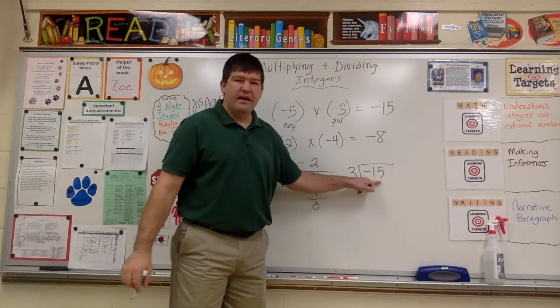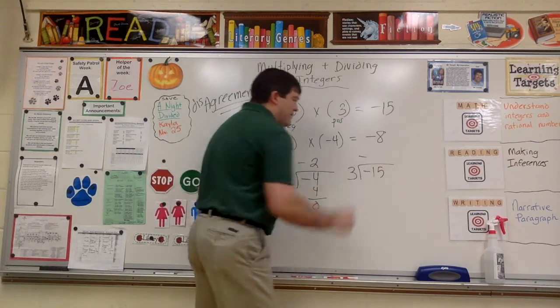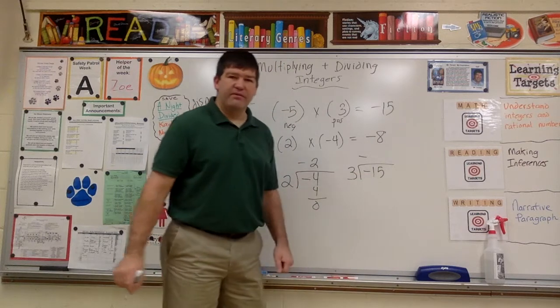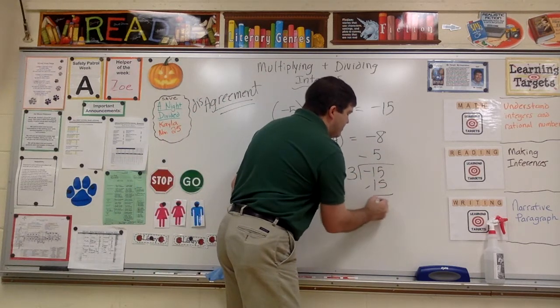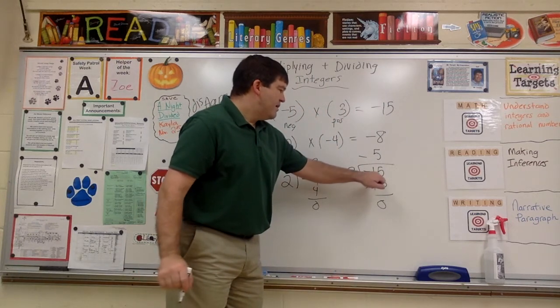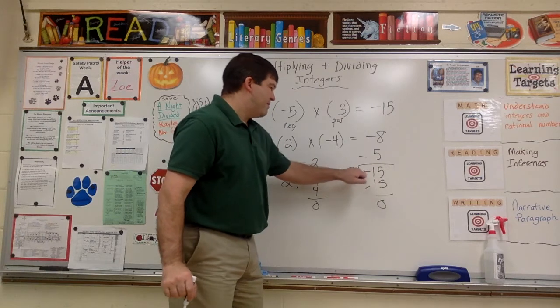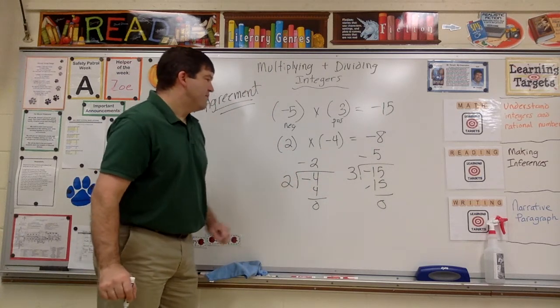A negative number and a positive number. Ooh, don't agree. Bad. So it's going to be negative. Now, how many times does 3 go into 15? 5 times. 5 times 3 is 15. Subtract, 0. It's a negative 5. A negative divided by a positive gets me a negative.